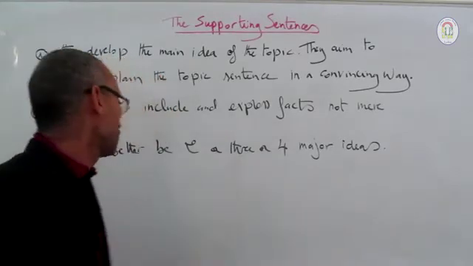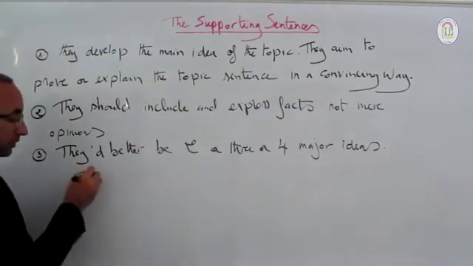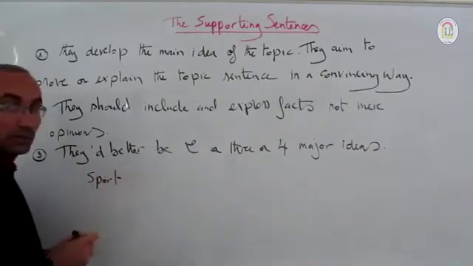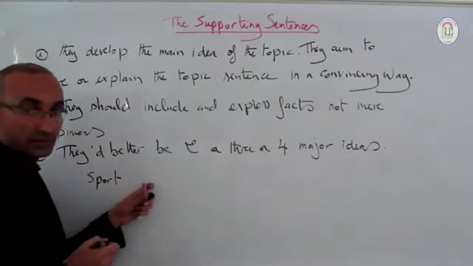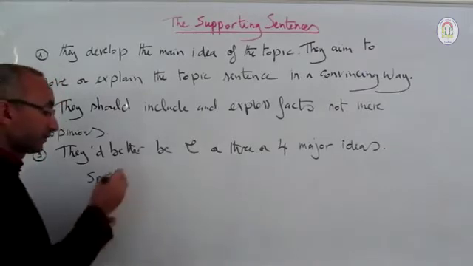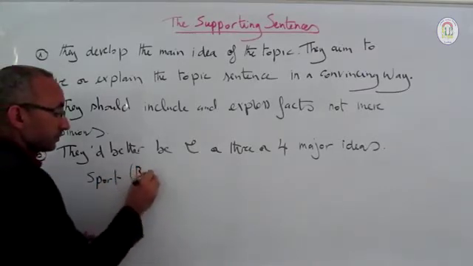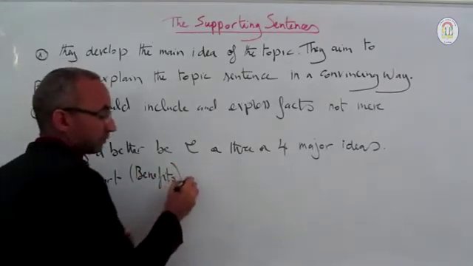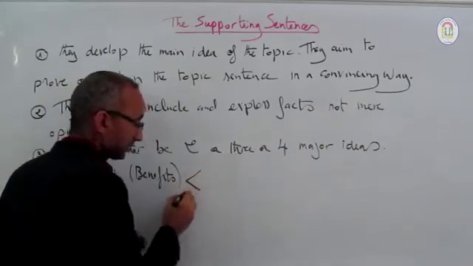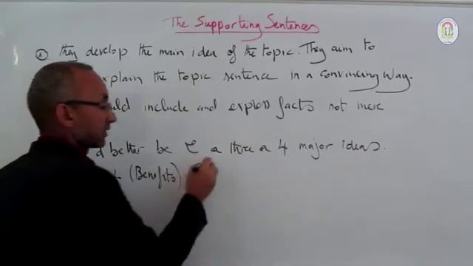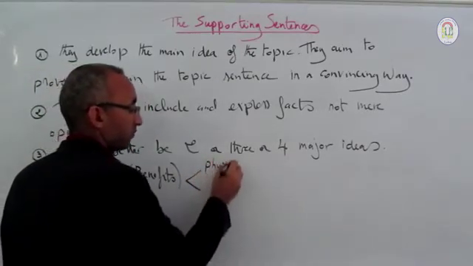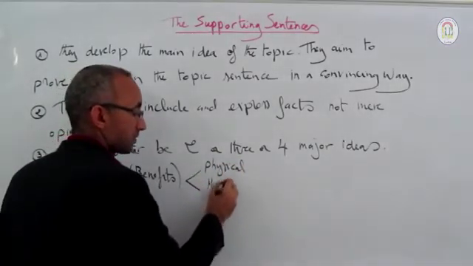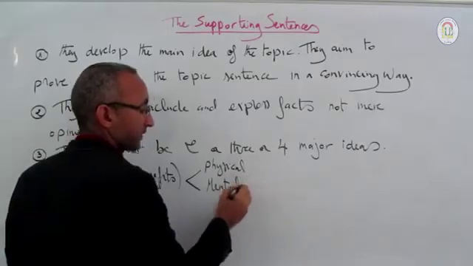For example, for the topic of sport, I can talk about its benefits as my controlling idea. Here I can develop as details 2 main benefits: physical benefits and mental benefits.